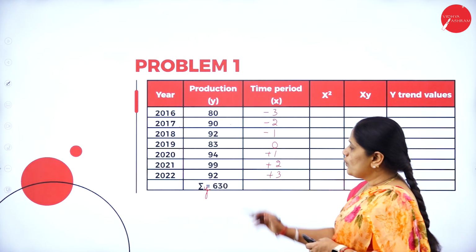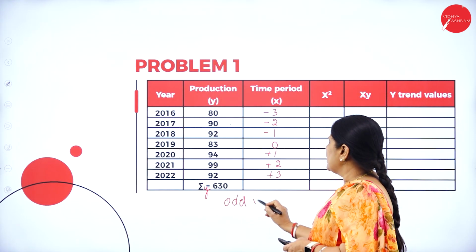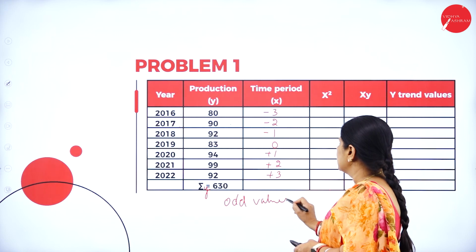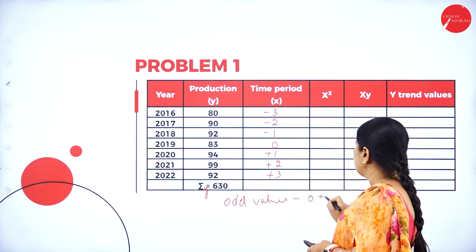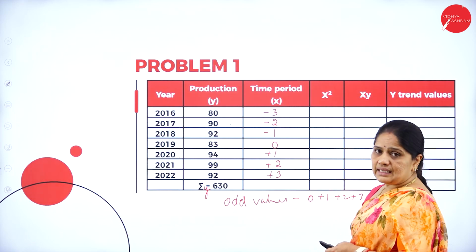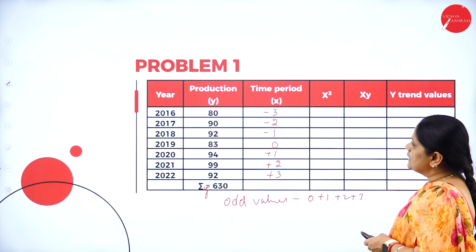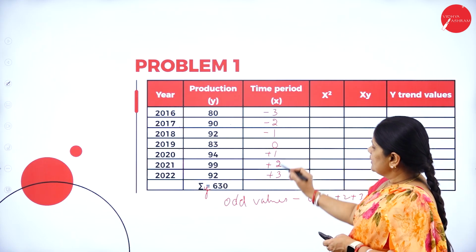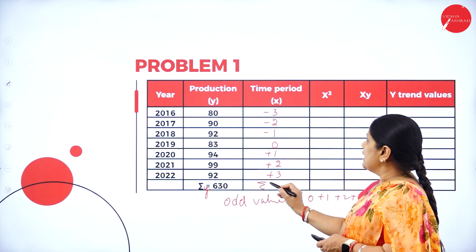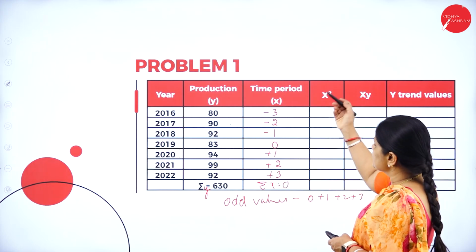So remember, when there are an odd number of values, it will be 0, +1, +2, +3. When there are even values, I will tell it in the next problem. Now, the next step: when you add all this, sigma x will be equal to 0. Now, x square.